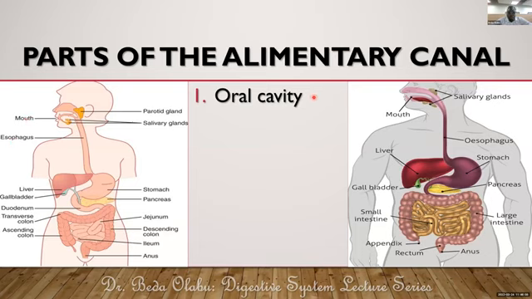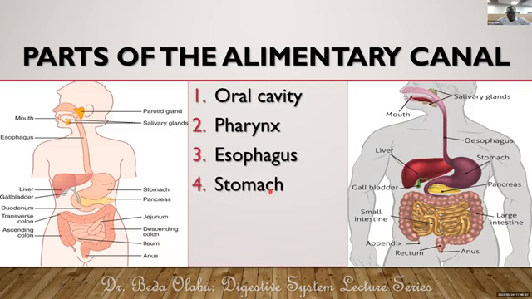So the mouth is the first site. From the mouth, food goes to your pharynx. From the pharynx, food goes to the esophagus. We call it the food pipe or the gullet. Just call it esophagus. From the esophagus, food goes to the stomach, a thing that we all know.